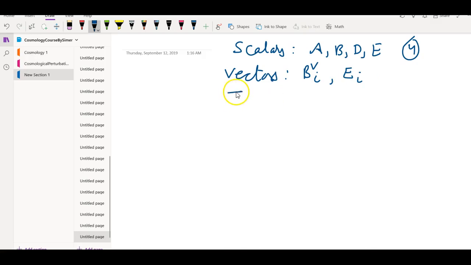Then we have the tensor, the leftover tensor after extracting scalar and vector. This is the leftover part of tensor E^T_ij. So there are 4 scalars.